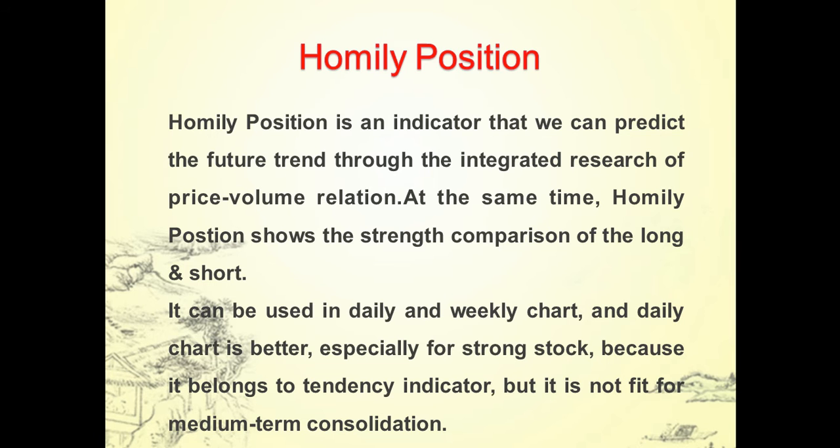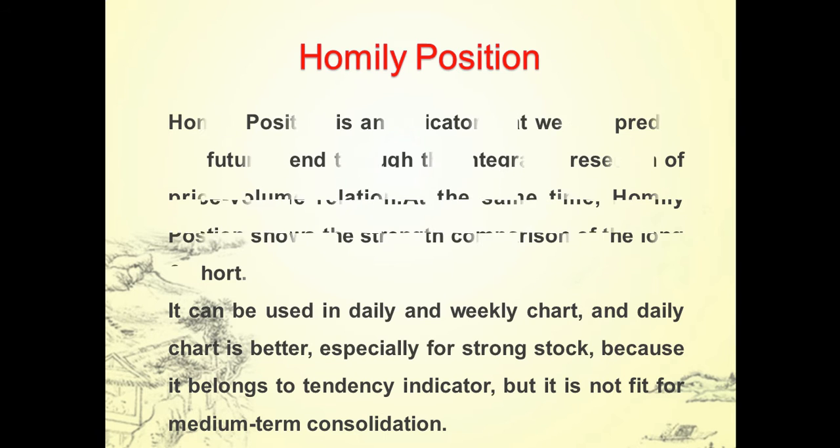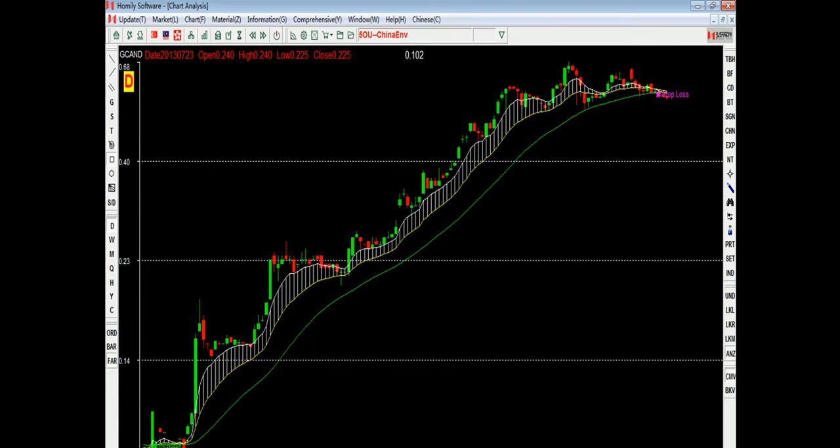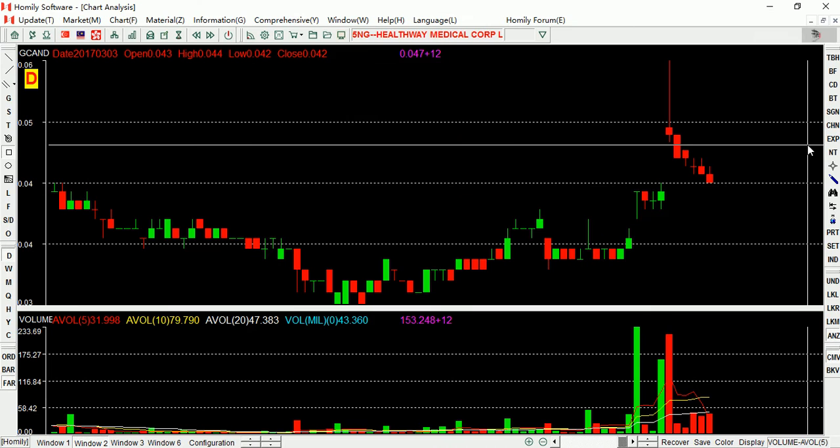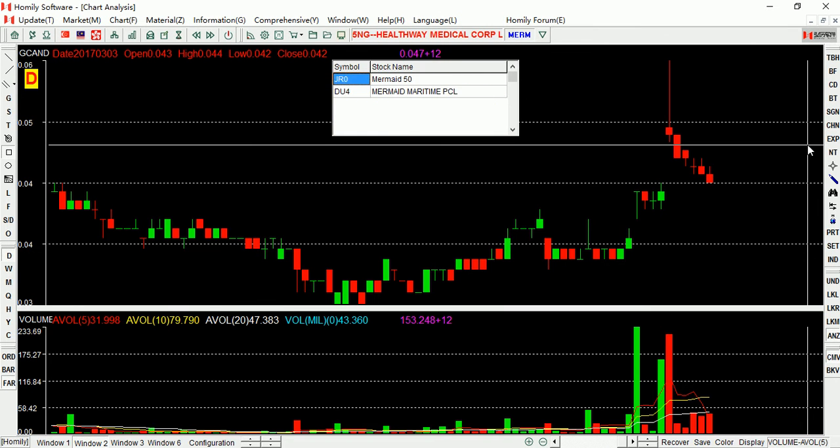Okay, so this is the homely position. Then see here, this is the homely position. So it can help you to hold strong stocks. So let's see some stocks like Mermaid.